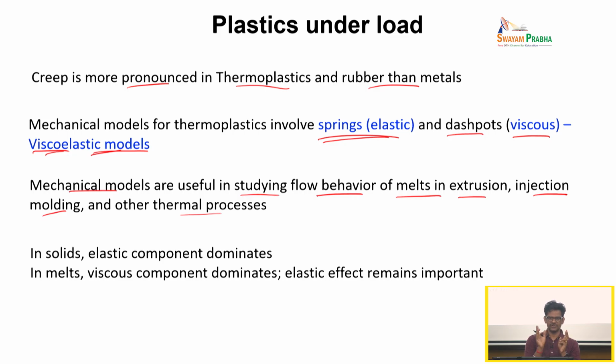So, these viscoelastic models are more important for plastics that are melted, that are used in injection molding, extrusion and various other thermal processes. Okay. So, I want to now give some examples of simple models that we can use to characterize plastics under thermal conditions, and then try to characterize their properties.